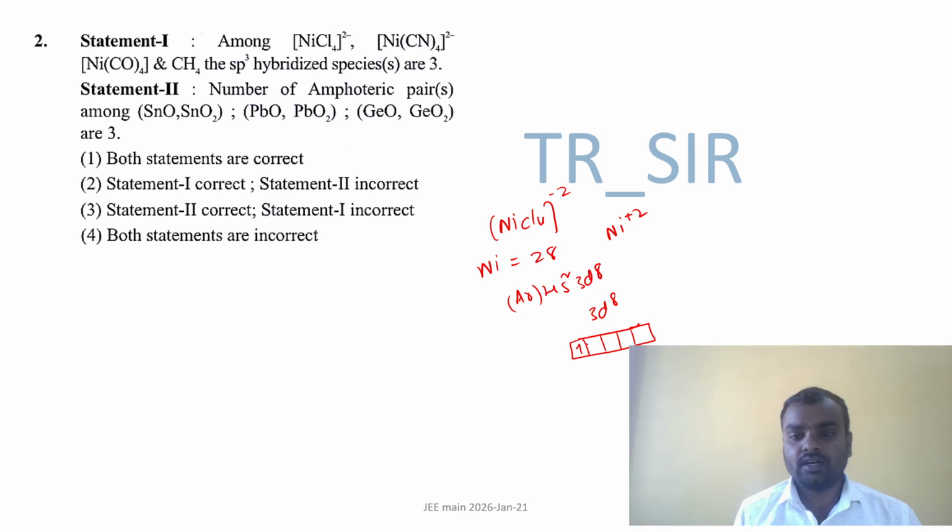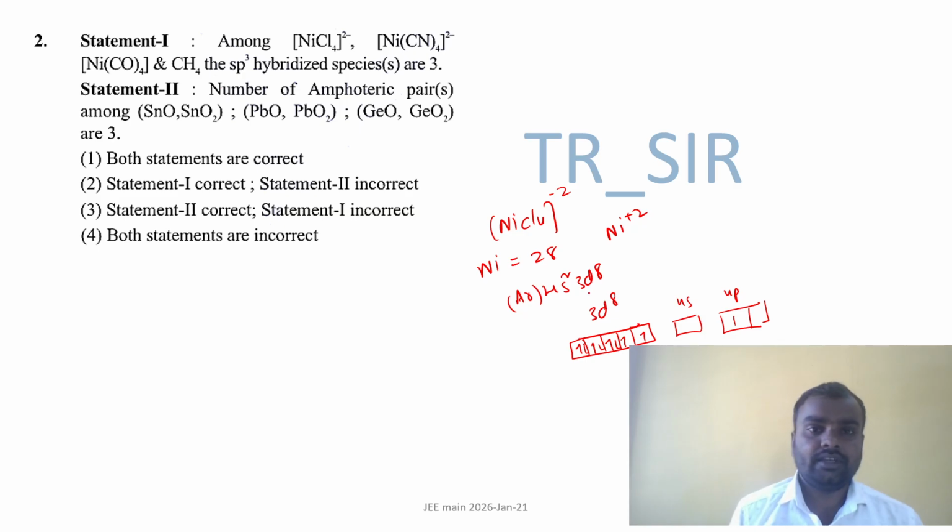Filling 1, 2, 3, 4, 5, 6, 7, 8, you will be getting 4s and 4p. That means the given chlorine complex will have sp3 hybridization.